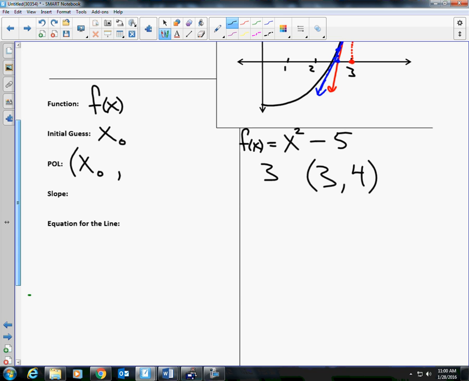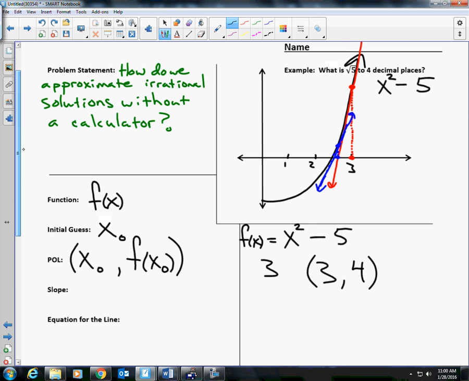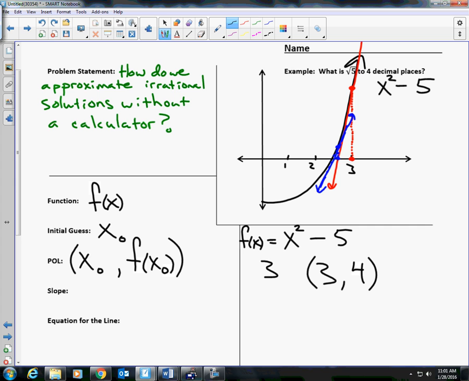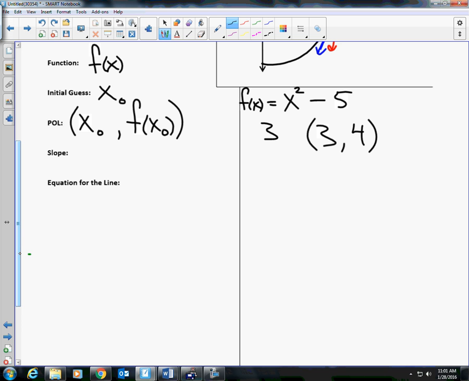What will you do with x sub 0 to get the y value? You plug it in. You get f of x sub 0. Okay, got a line. I need slope. In order to find the slope of that line, what do I do? Take the derivative. Yes. What is the derivative of x squared minus 5? If the derivative is 2x, what's the slope?